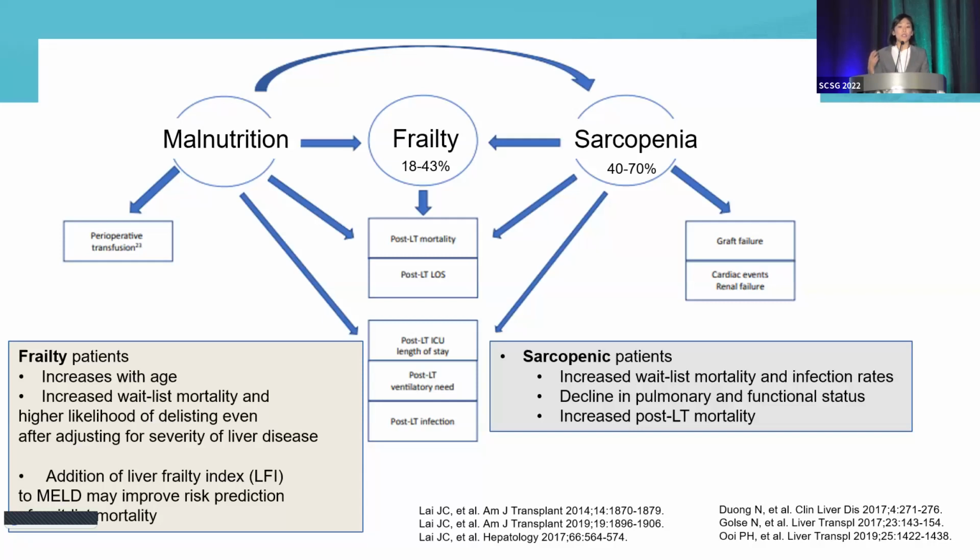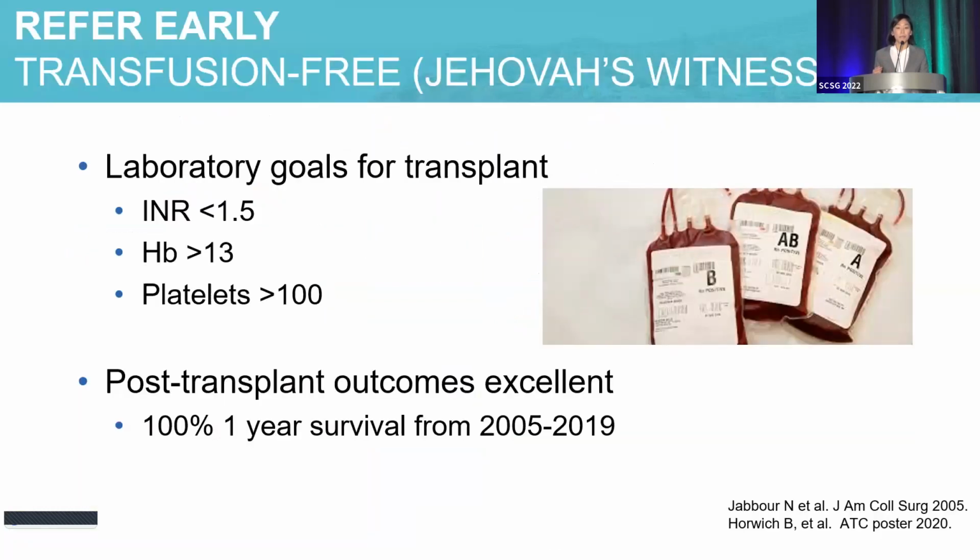So it really addresses muscle mass and function. If you have a sarcopenic patient, it increases waitlist mortality and infection rates. It's associated with decline in pulmonary and functional status, and they have an increased post-transplant mortality.